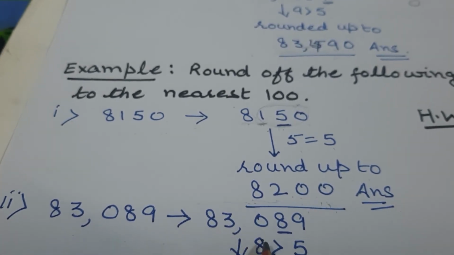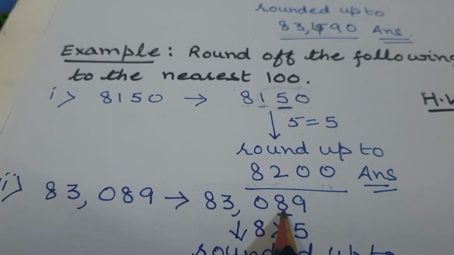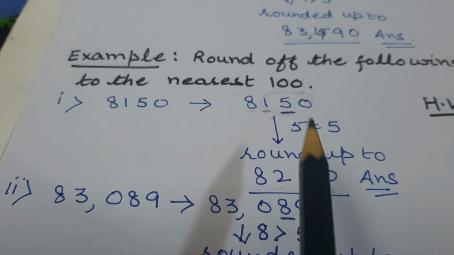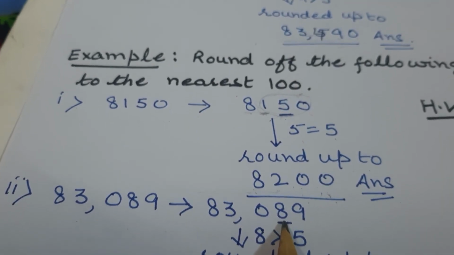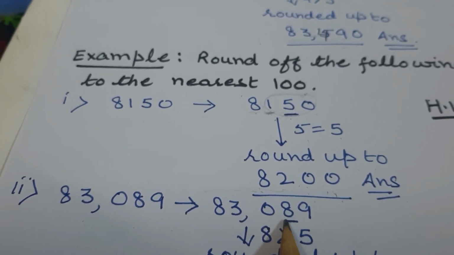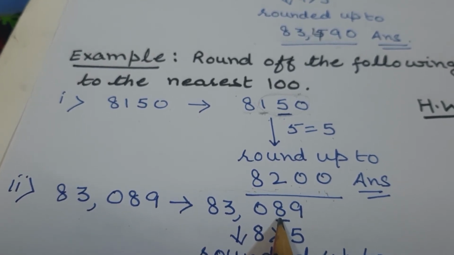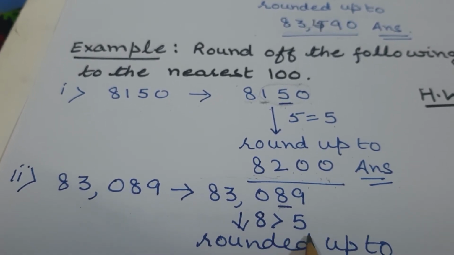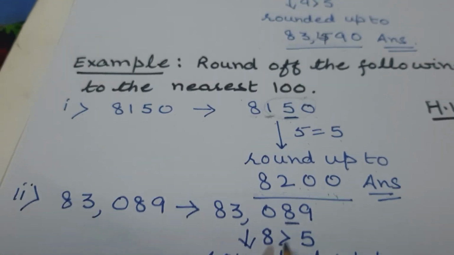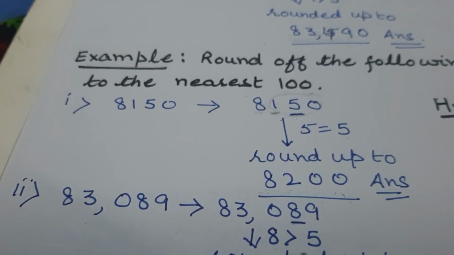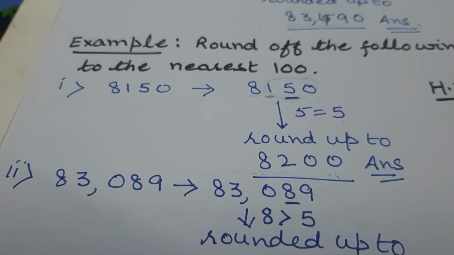83,089. So again we will write the number. Now it is nearest to 100, so we will underline tens place, means we will focus on here. Okay. Now this 8 is greater than 5. If number is greater than 5, then it will be rounded up.